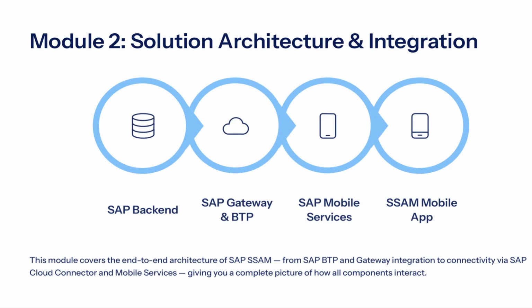The module provides a detailed overview of how SAP SSAM interacts with other SAP services, such as SAP Gateway and SAP Mobile, and how it leverages SAP Cloud Connector and mobile services to provide a unified view of assets and services across the organization.